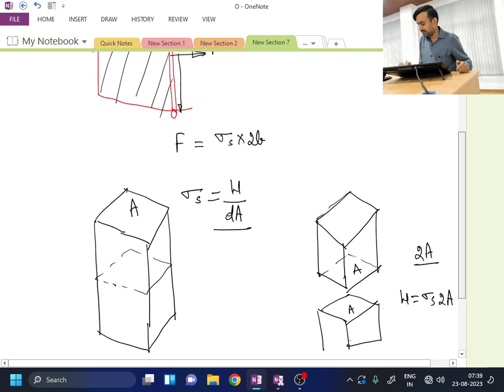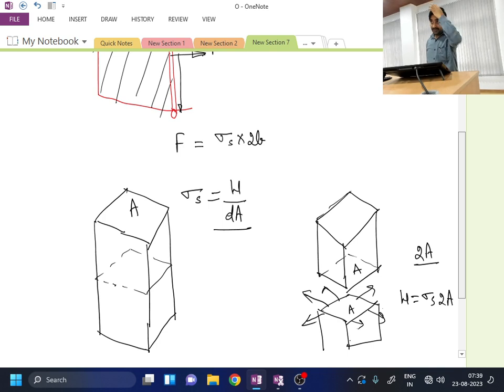This point is clear. One important point: whenever I talk about the surface tension force, this force always acts parallel to the surface. Is this point clear? So the surface tension force acts parallel to the surface over here.